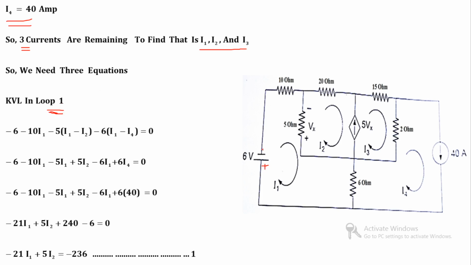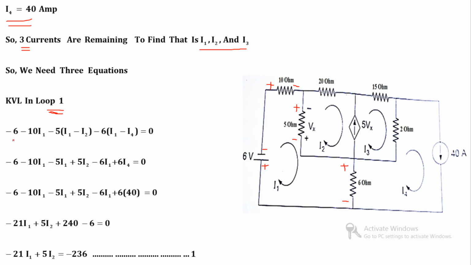Here plus minus, here current will enter at this point, so this is the plus and this is the minus. For 5 ohm current will enter at this point and leave at this point, so that is plus minus, and for 6 ohm plus sign is over here, minus is over here. So let's write down Kirchhoff's voltage law based on these polarities.